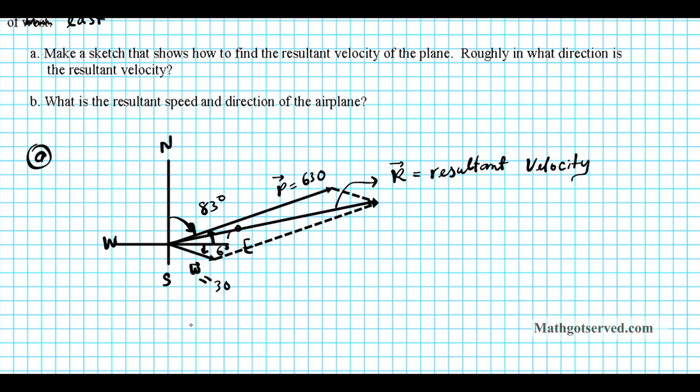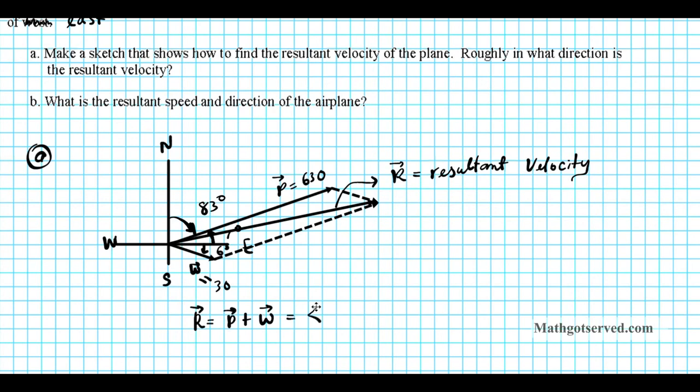To find the speed, we're going to have to add vector P and W first. So vector R, the resultant vector, is equal to vector P plus vector W, the plane's vector plus the wind's vector.